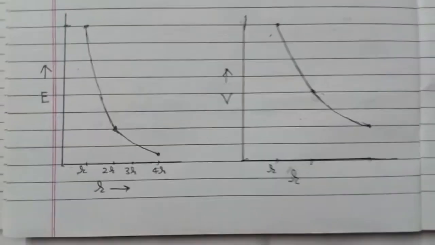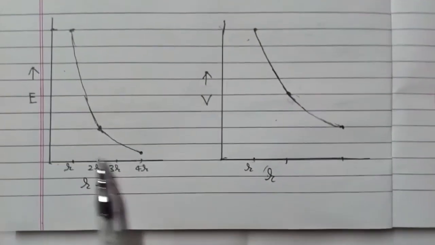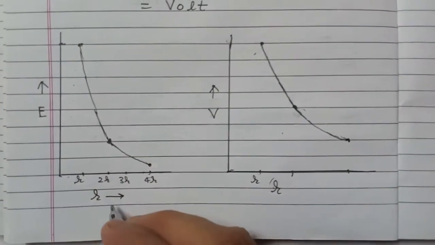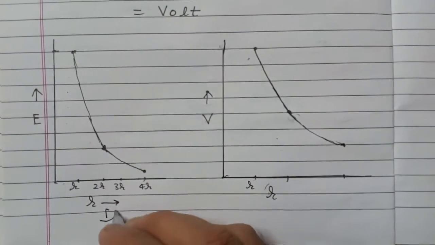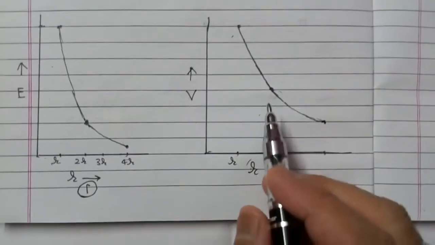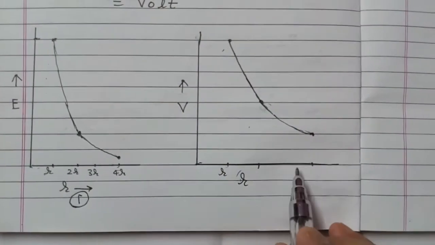So here are two graphs showing the variation of electric field intensity and potential with distance. Suppose this is graph number 1, showing the variation of electric field intensity with distance, and this graph shows the variation of electric potential with distance.